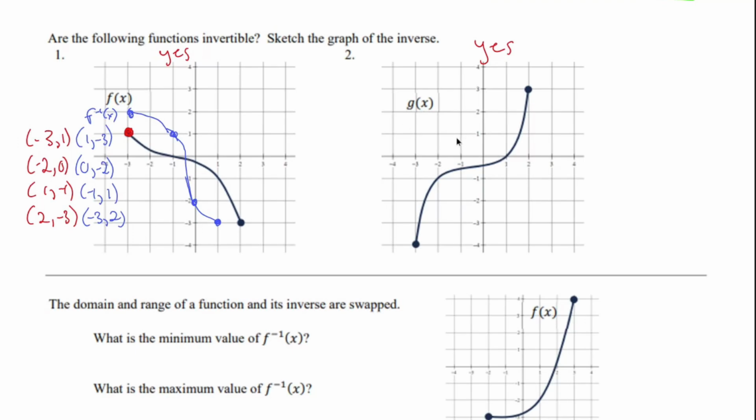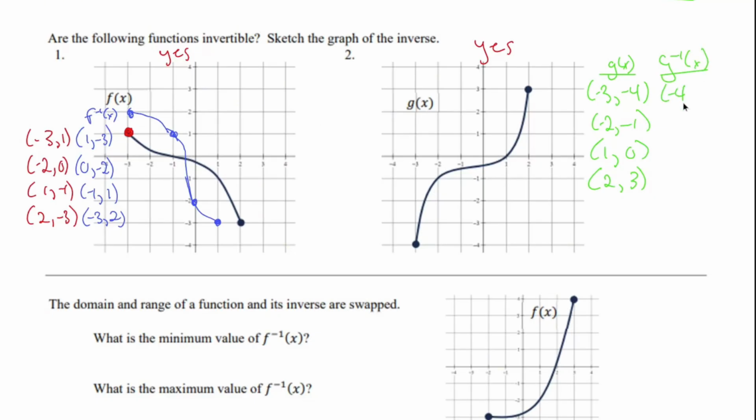But we can do the same thing here. Let's write out some key points for g of x. So we're looking at -3, -4. Let me see what else. How about -2, -1? How about 1, 0? How about 2, 3? And so its inverse is going to be the flip-flop versions of it.